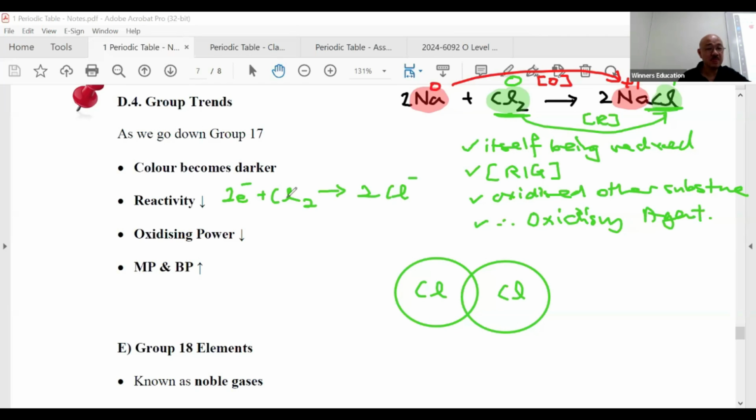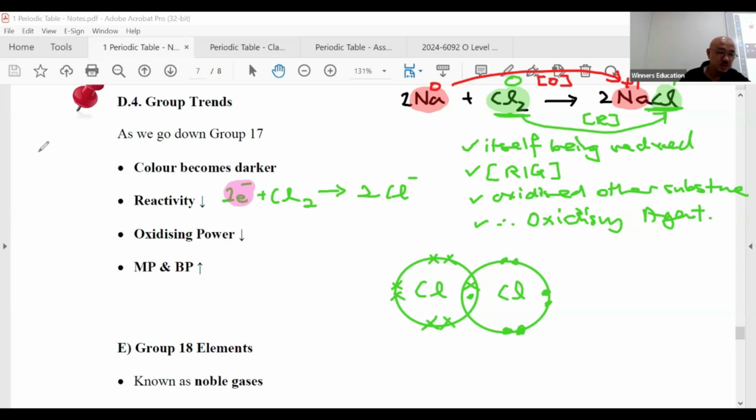Can everyone see? If I color code these two electrons and show what's happening, you will surely get it. Let's use dot and cross. Cl2 molecule based on covalent bonding looks like this.